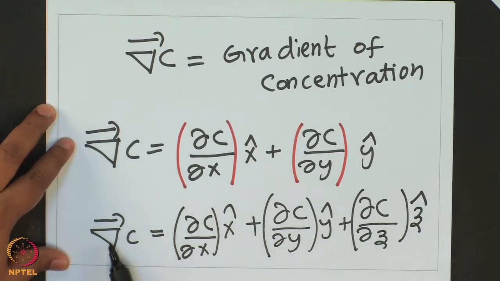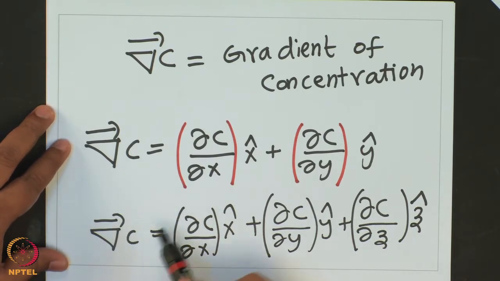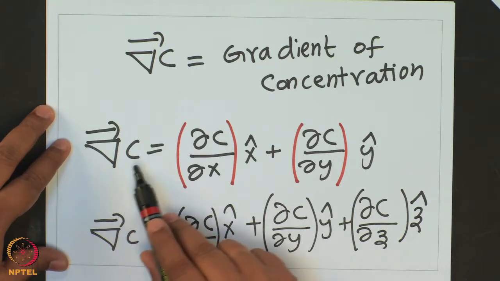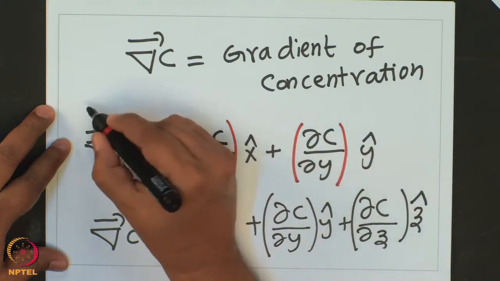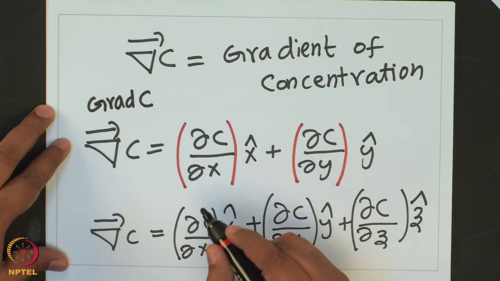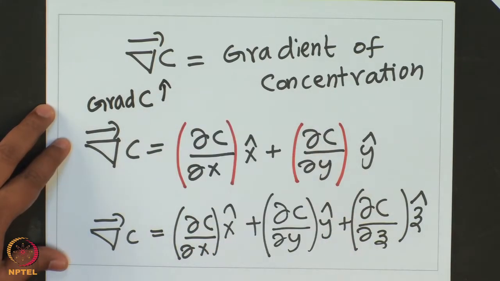So this symbol means gradient. Grad is also written as gradient. So gradient of concentration is grad C. This also has the meaning grad C.